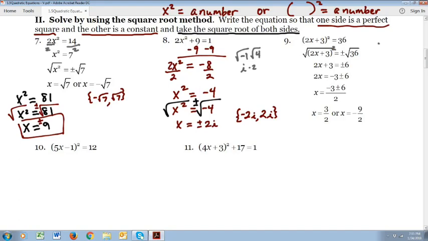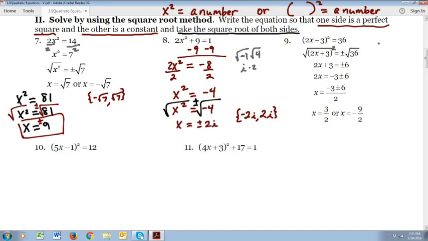Taking the square root of 2x plus 3 squared, well, you're doing the opposite of squaring, so that's going to undo what you have there, and you end up with 2x plus 3. So in other words, if you square something, and then you take the square root, those undo one another. So you end up with 2x plus 3 on the left.